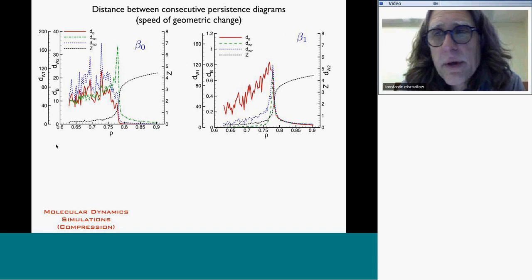I'm wondering if these phase transitions are also very clear from directly computing the rank of the Betti numbers. Probably. I thought about that, and I would think so. My guess is that's correct, but I haven't done it.